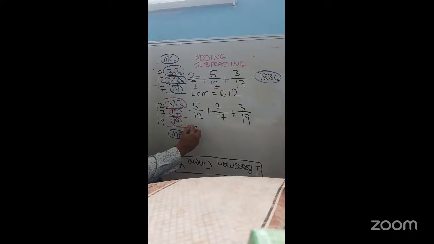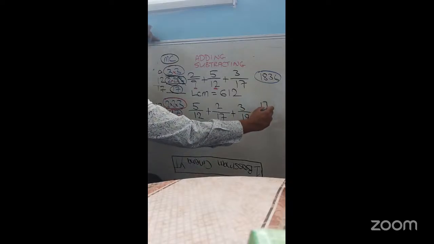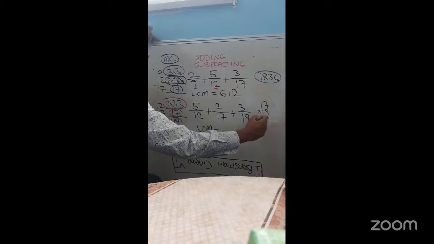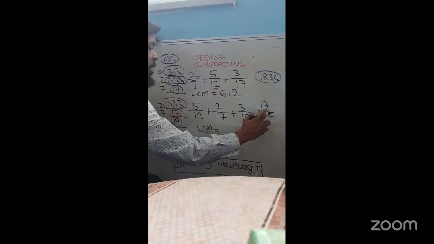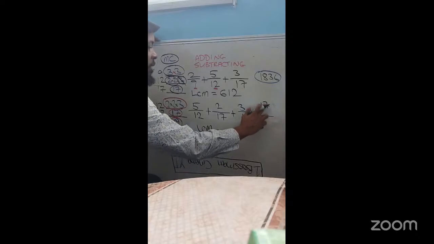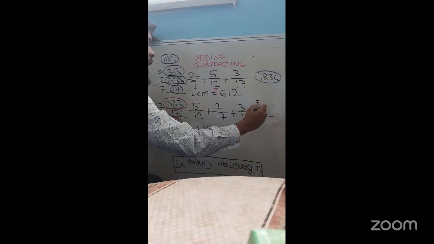So the LCM for this would be a very, very large number. Alright? So what would that be? 17 by 9. I would think that's 340 minus 17. Let's see.